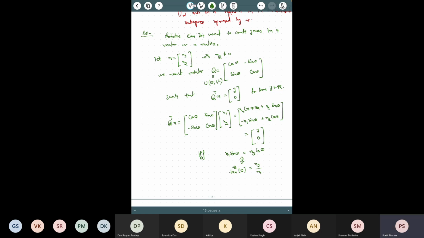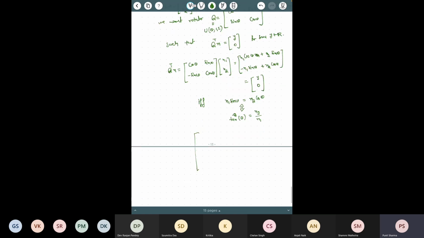Now this is a 2 by 2 example, but suppose you have an n by 1 vector x, with x1, x2 and so on up to xn. First you apply a rotator of this form with an angle theta on the 1, 2 coordinate plane, and this will create 0 in the second entry.